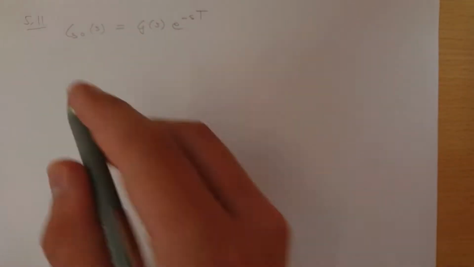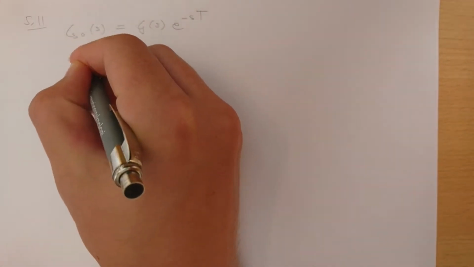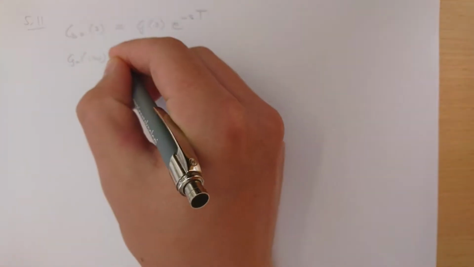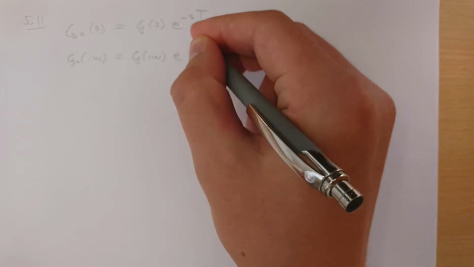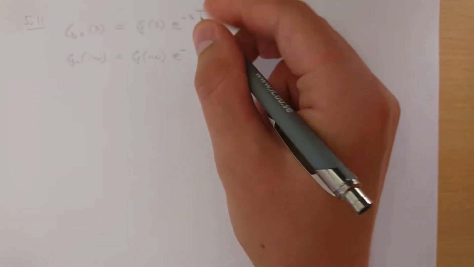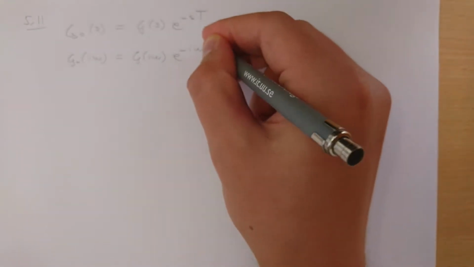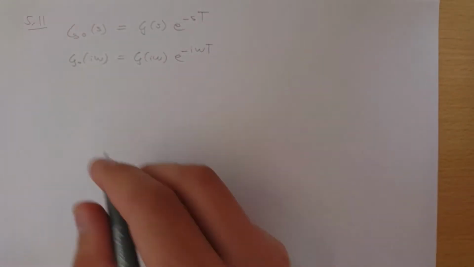So let's look at this loop gain in the frequency domain, G0(iω), which is equal to G(iω) times e raised to the power of minus iωT.